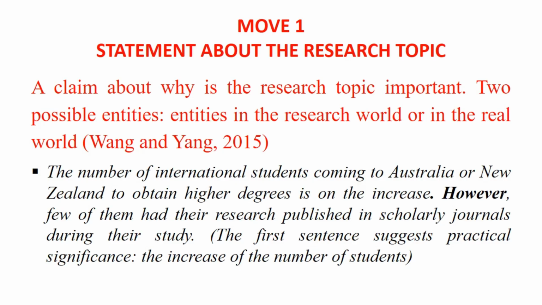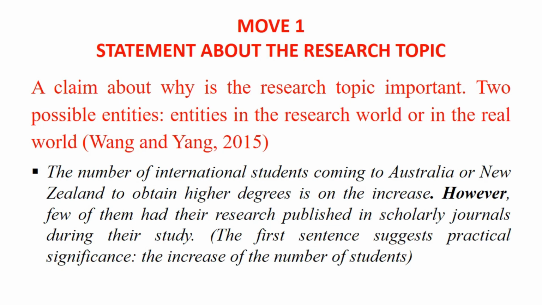The number of international students coming to Australia or New Zealand to obtain higher degrees is on the increase. However, few of them had their research published in scholarly journals during their study. So we can identify this move by the word however. By using the word however, we show that there is something which is not met yet, which is not expected.